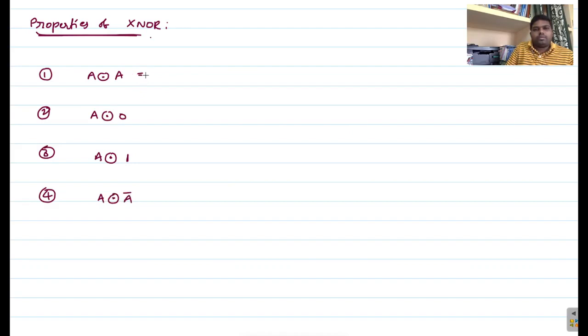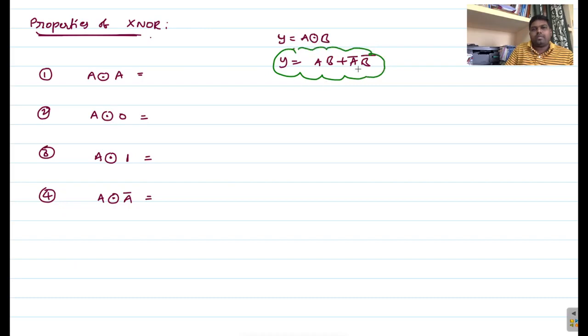So you can solve these expressions. Here already you know y equals A XNOR B, that equals AB plus A bar B bar. So this is your expression, right?